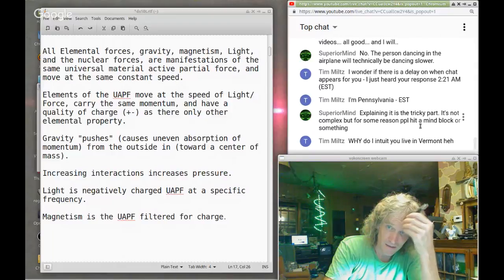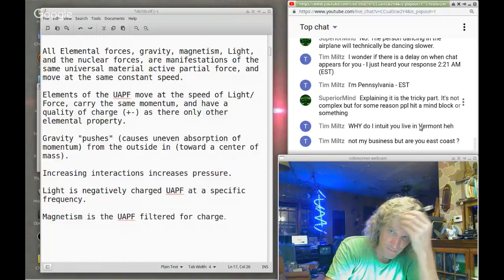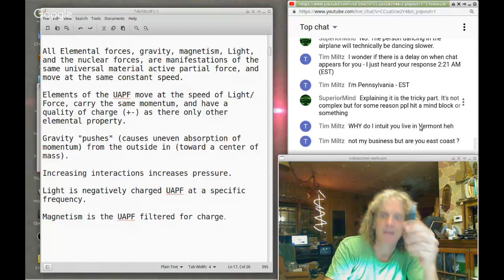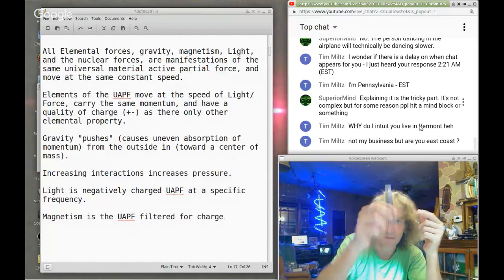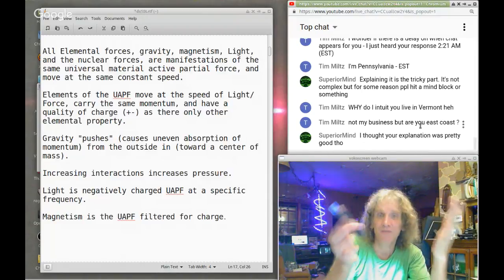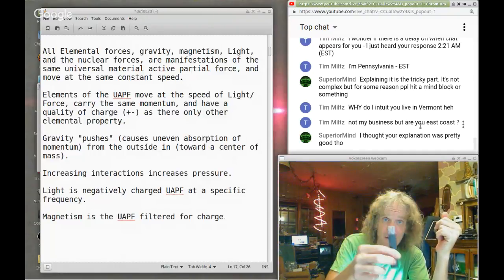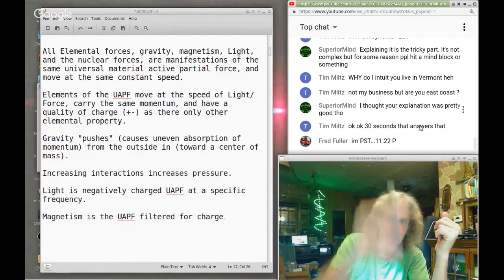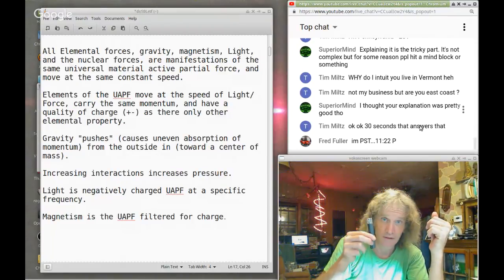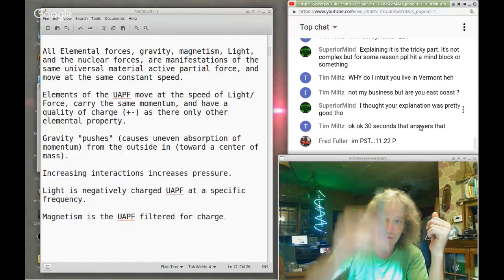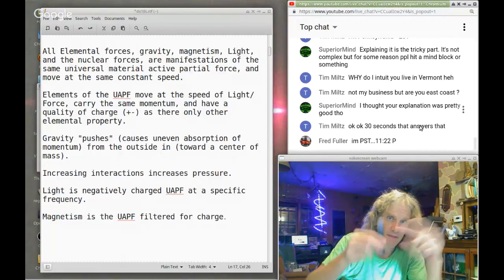Explaining it is the tricky part. It's not complex, but for some reason people hit a mind block or something. You just have to think of distance as always opposing something. So the simplest analogy I can give is this up and down thing, right? You can sort of understand that if something's moving up and down and I move it in some other dimension, the up and down now can't be the same short line.